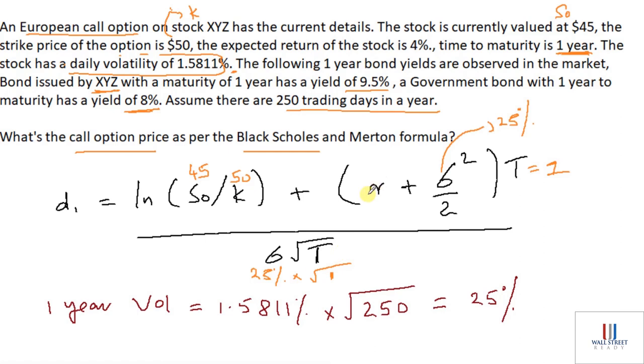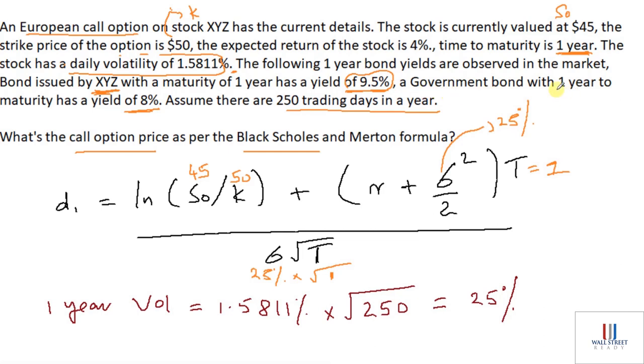Now, what is my risk-free rate of return? So here they have not given us the risk-free rate of return, but if you look carefully, we have been given the yield of two different bonds. One is a company called XYZ, which is a corporate bond. Now, because it's a corporate bond, the yield on a corporate bond is slightly higher than a yield on the government bond.